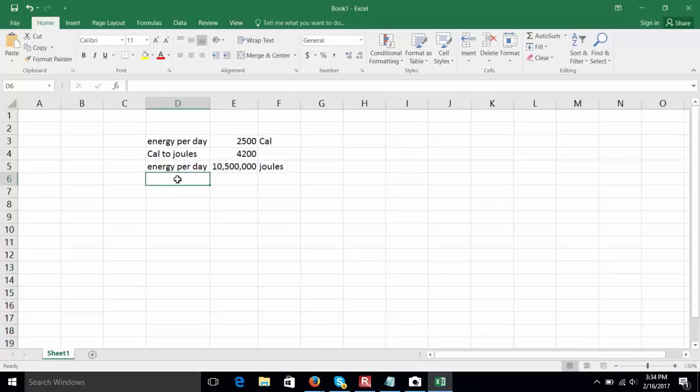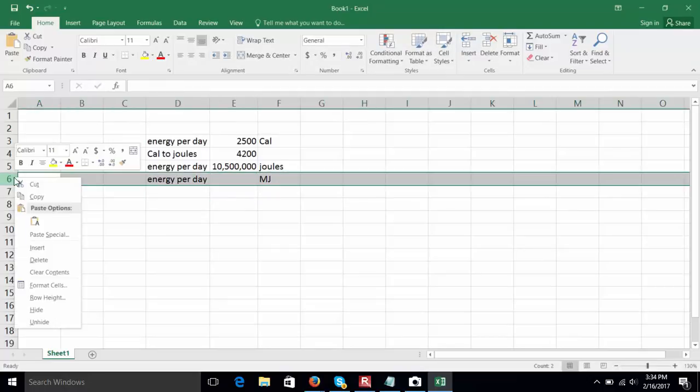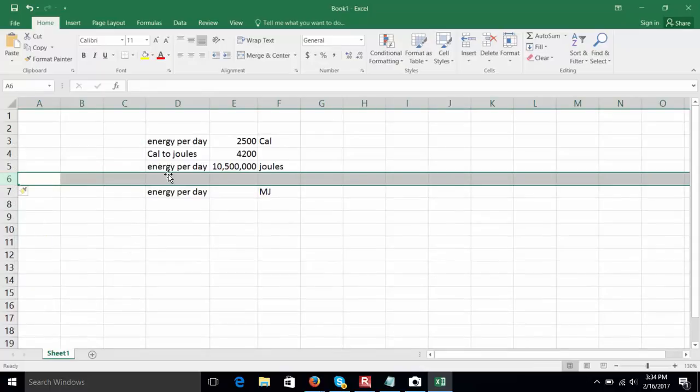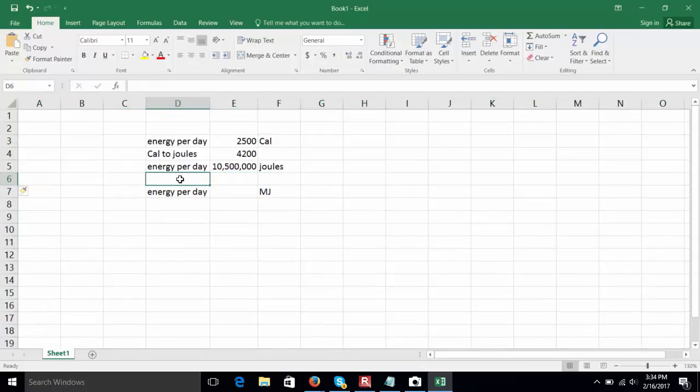Let's do energy per day, and we'll do this in megajoules now. Just for completeness, let's insert joules to megajoules. So we're looking at 1 E minus 6.